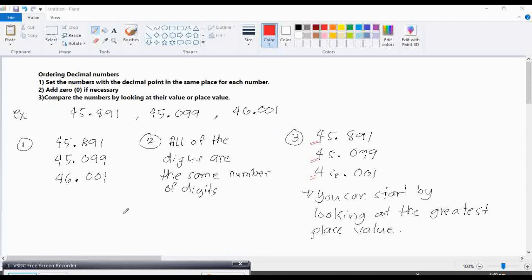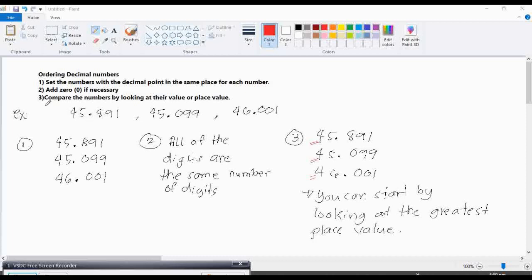Ordering decimal numbers. There are always 3 steps you need to follow when you are ordering decimal numbers. Number 1, set the numbers with the decimal point in the same place for each number. Number 2, add 0 if necessary.